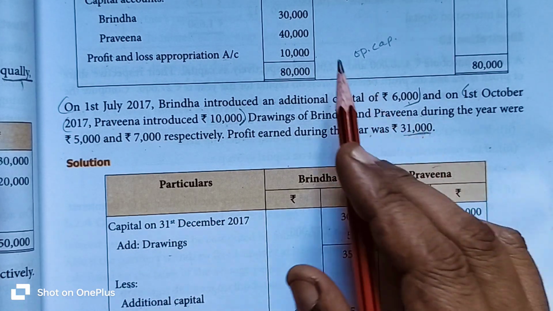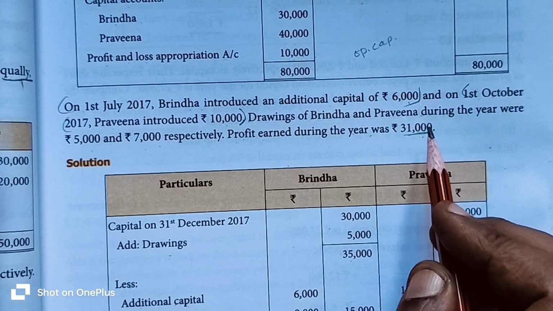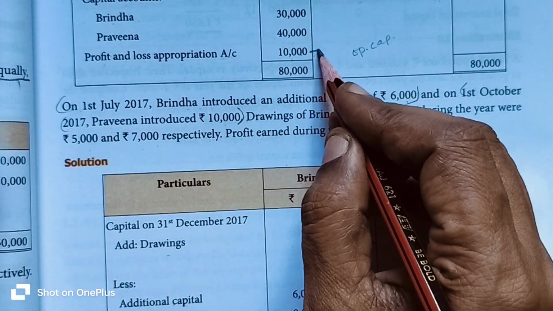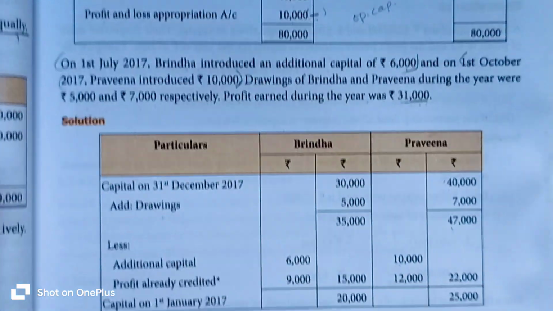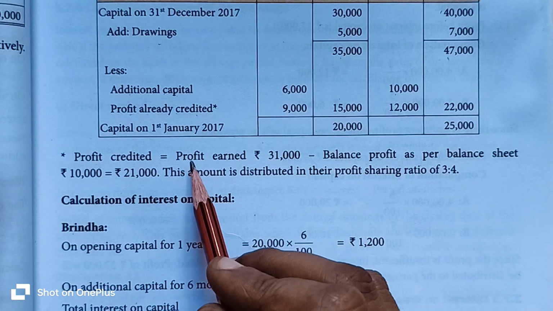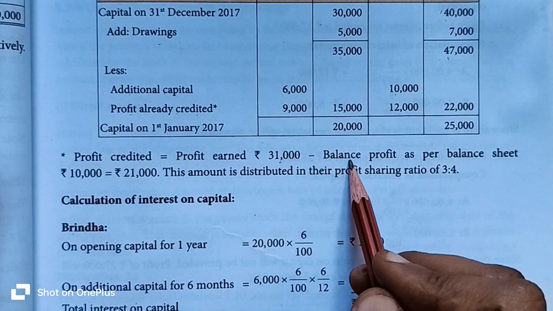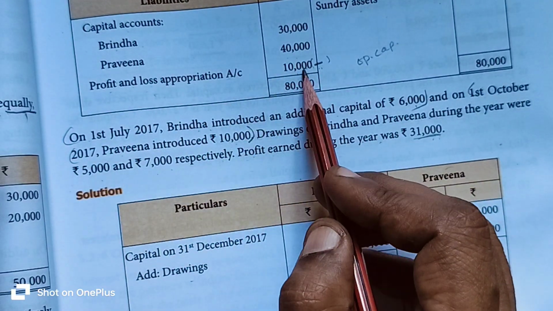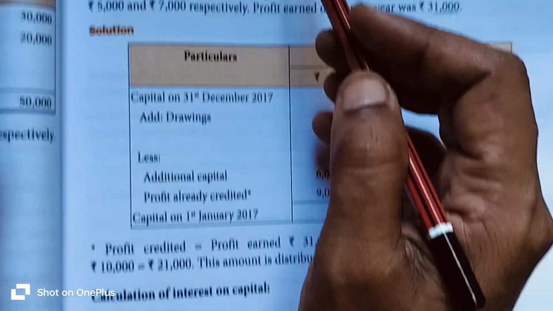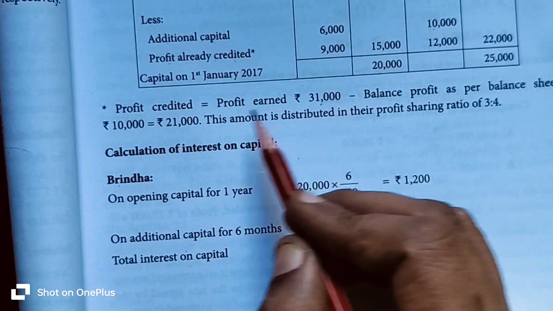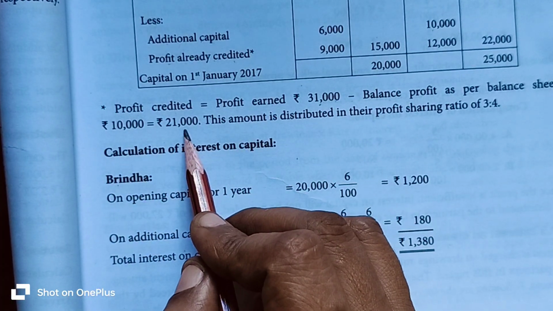If you have 2 profits in the question, you subtract 10,000 from 31,000 and you get 21,000. Listen, they have given the note: profit credited equals profit earned 31,000 minus the balance profit as per the balance sheet. The balance profit as per the balance sheet is 10,000 rupees, so you subtract that 10,000 from 31,000 and get 21,000 rupees profit.